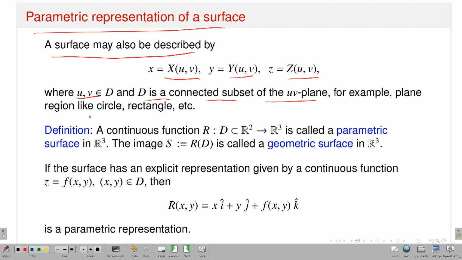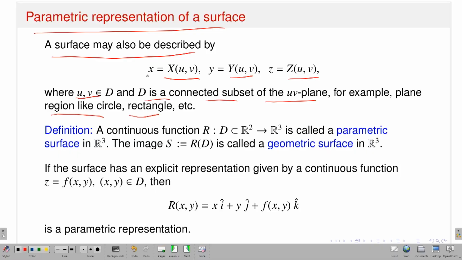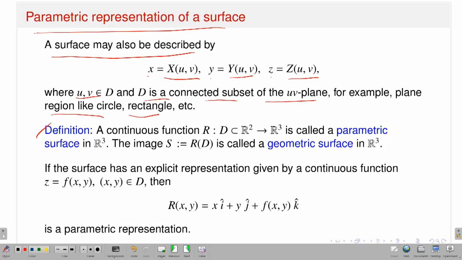What kind of region? Like a circle, rectangle, or say vertically simple or horizontally simple. That means a nice region in R2, so that small x, small y and small z can be written as functions of u and v. If I represent my surface in this way, then I will say that this is the corresponding parametric representation.